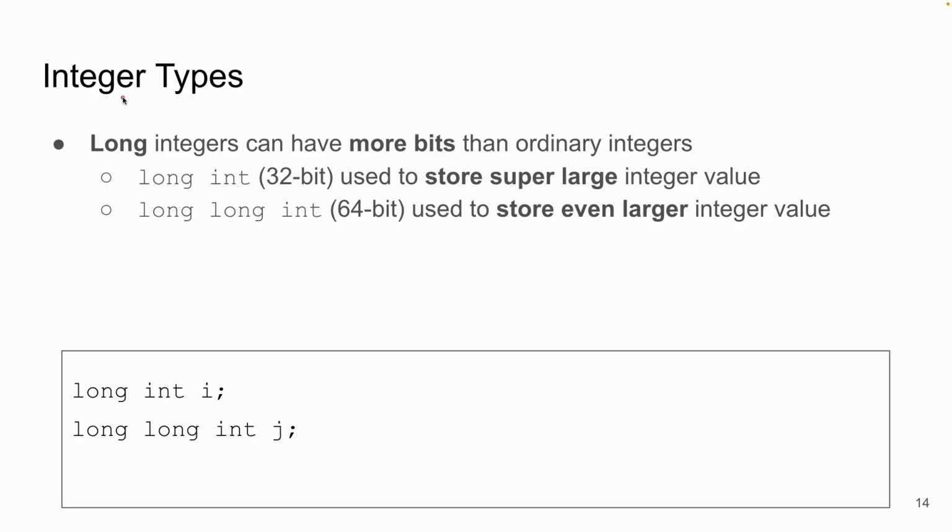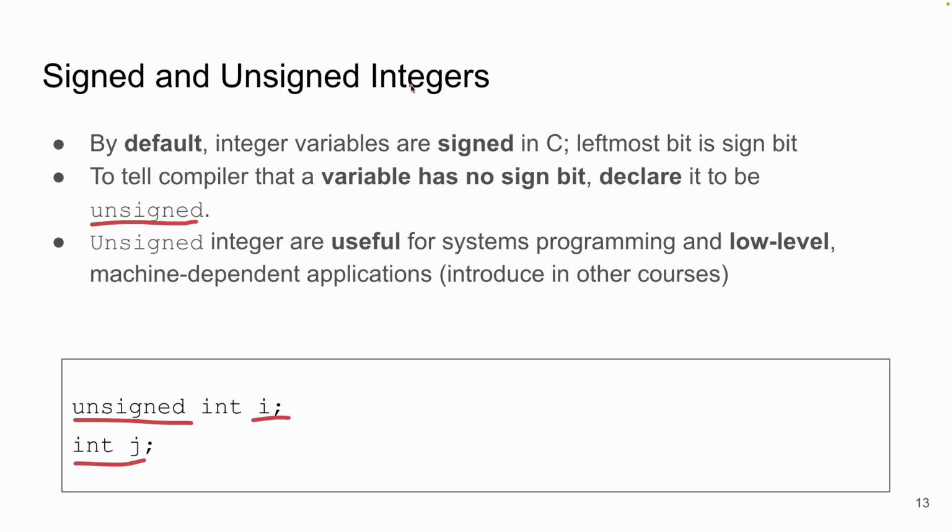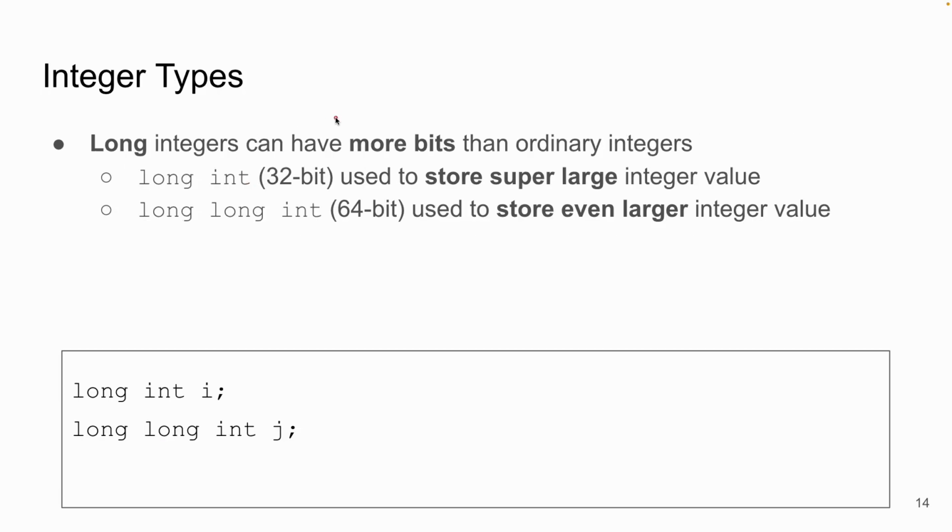Okay. So after finishing how to declare the unsigned integer, let's talk about how to declare the long integer. The long integer means that this integer can have more bits than the ordinary integer.